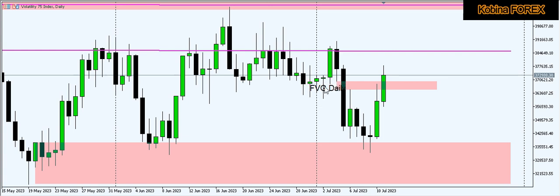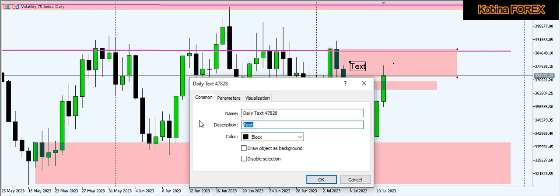And then we have the other block resting inside this area. So it's a bearish OB.